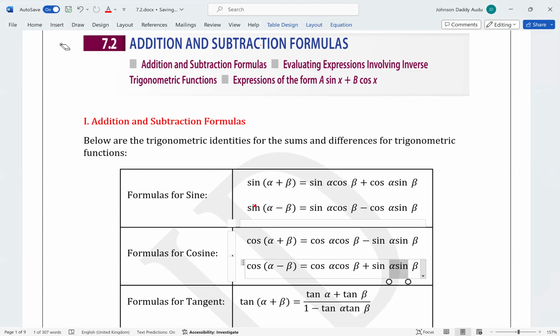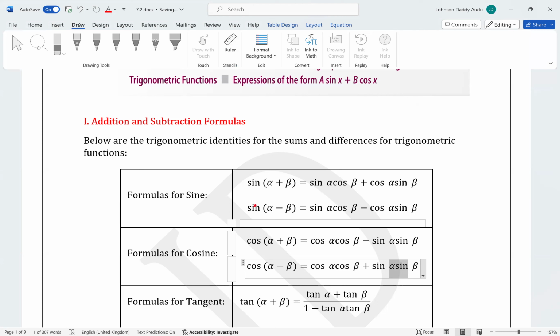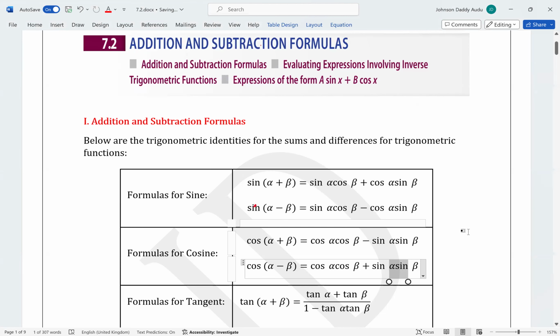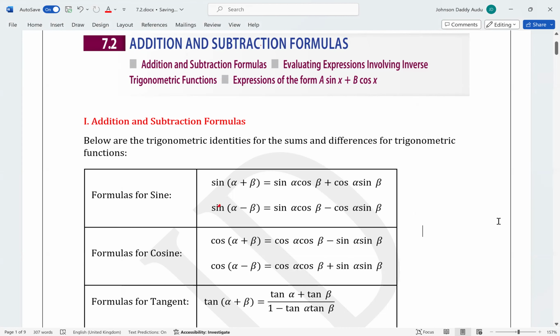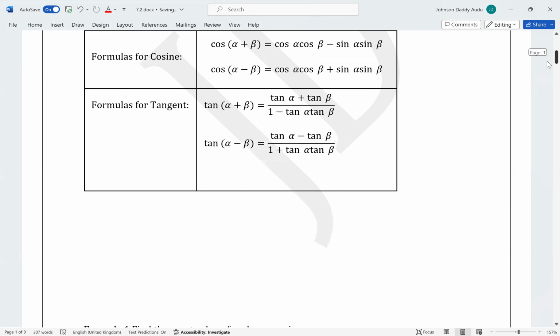So sine shares its operation with cosine. Sine will first act on alpha, then cosine will act on beta, and continue in that manner.